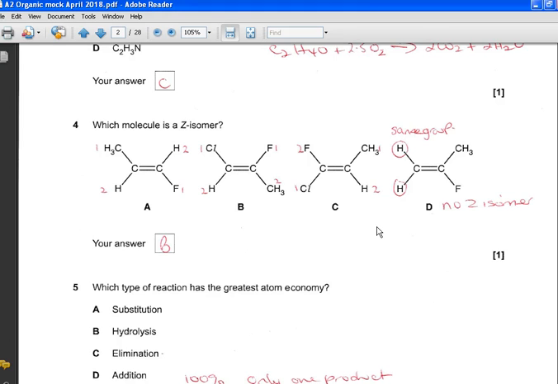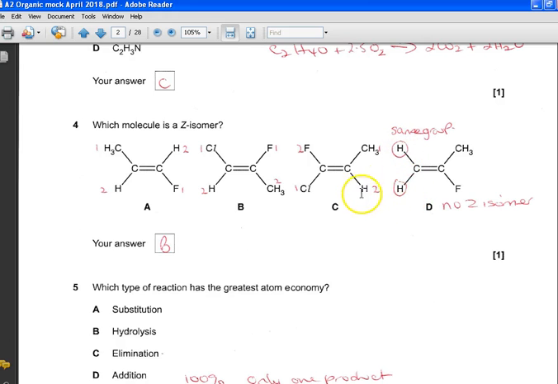This one, again, is going back to naming from AS, naming EZ isomers using the Cahn-Ingold-Prelog rules. So you have to identify the higher atomic mass for the atom, designate it 1 or 2, and then depending on whether they're on the same side or on opposite sides, it would be E or Z. This one cannot produce a Z isomer because this carbon has got the same group on it.